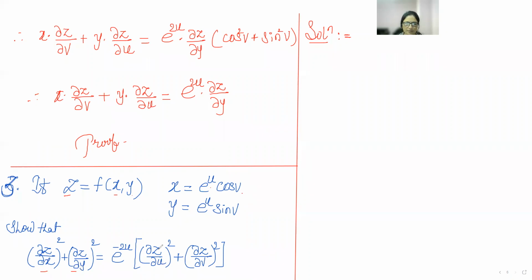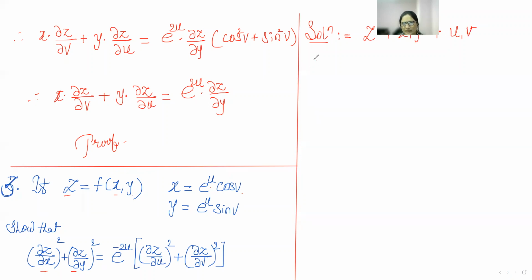First, we have to find the partial derivative of z because z is a composite function. Partial derivative of z with respect to u as well as partial derivative of z with respect to v. So right here, z is a function in x and y, and x and y are functions in u and v.